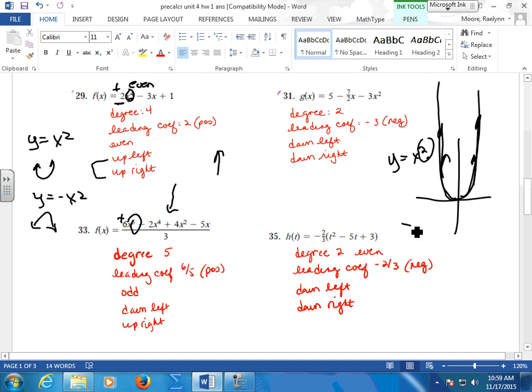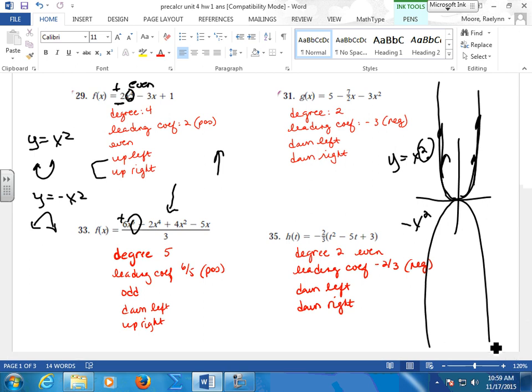Okay, if I'm negative, my ends are both going down. Okay, and the odd ones go the opposite ways. They don't behave together. One goes down, one goes up, depending on positive or negative. So follow the diagram. Now, notice, look where they put your highest exponent at the end.